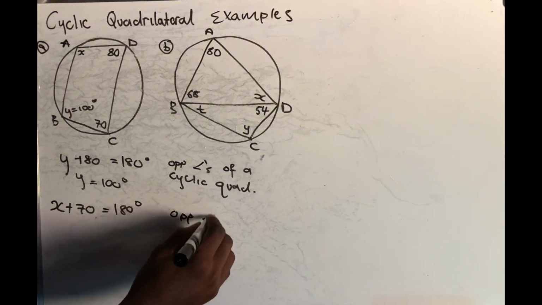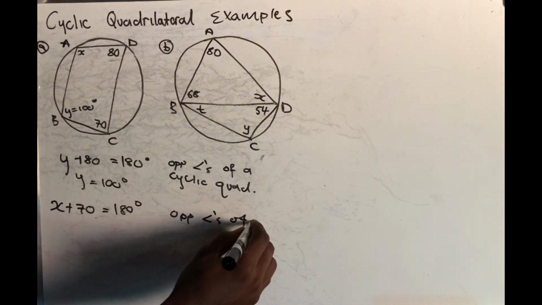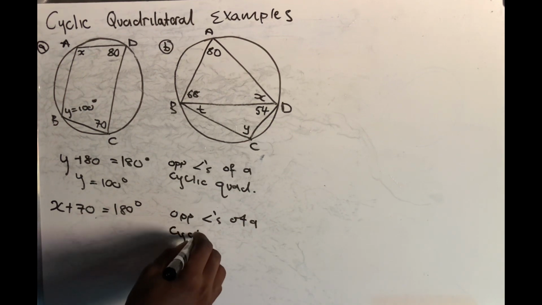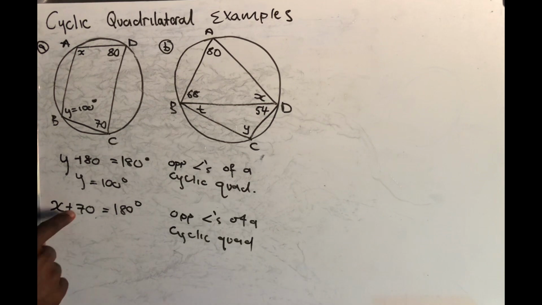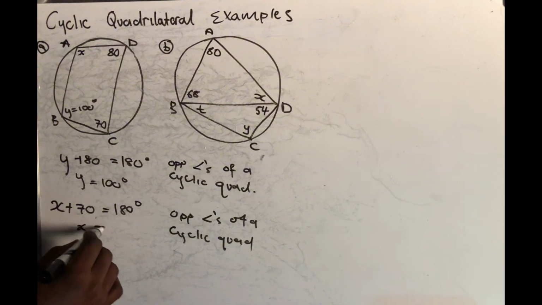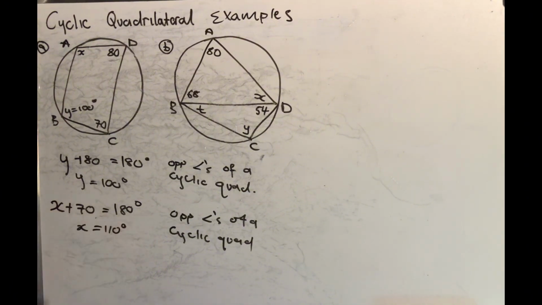Opposite angles of a cyclic quad. And then now take the 70 to the other side. 180 minus 70, you get 110. So I hope it's clear in this case.